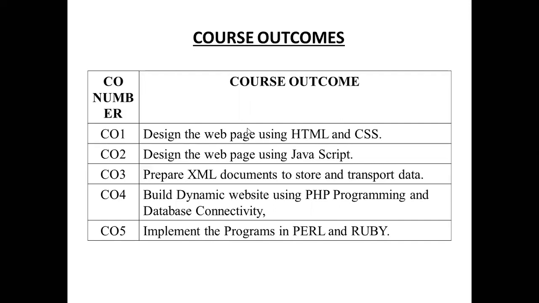After completion of the course, you must be able to achieve these five course outcomes. The first unit is HTML and CSS, the second is JavaScript, the third is XML, the fourth is PHP, and the fifth is Perl and Ruby. HTML is used for preparing the content for the web page. CSS is used to apply the styles for the web page.